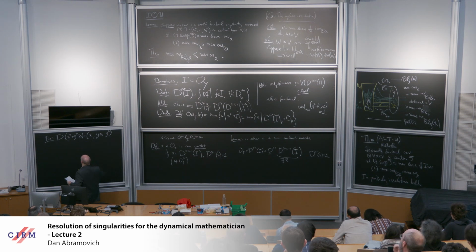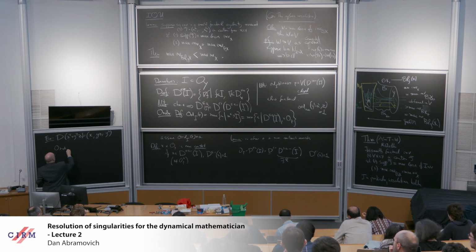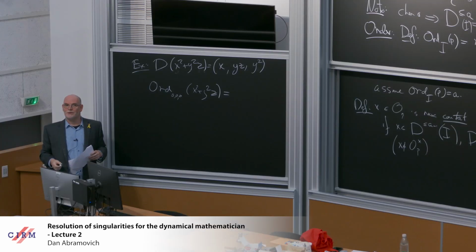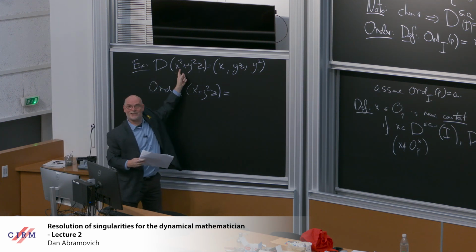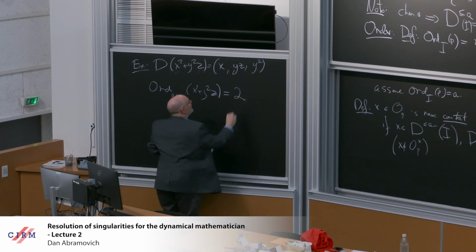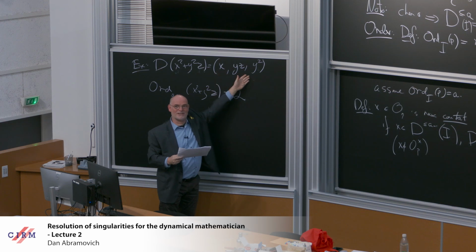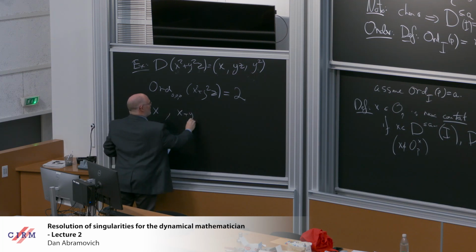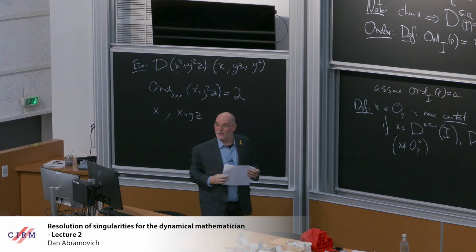So, for instance, the order at 0, 0, 0 of x squared plus y squared z, what is the order of vanishing of this at the origin? It's 2. So I need to find an element in the previous derivative which is a regular parameter, so x or x plus yz, either one of them is a maximal contact.